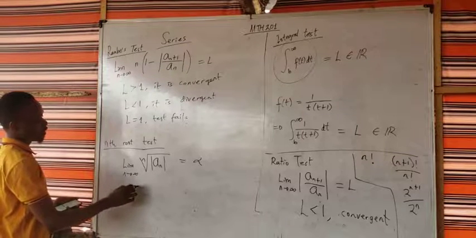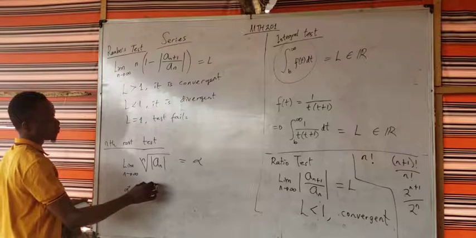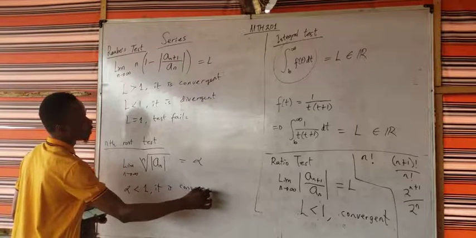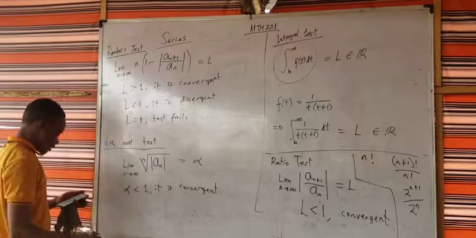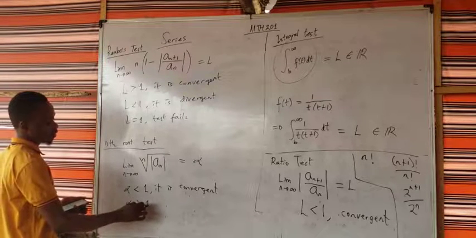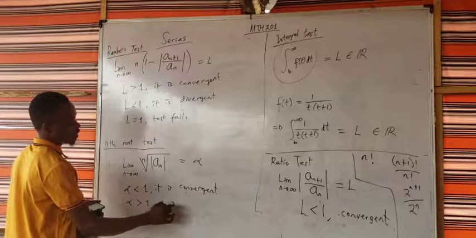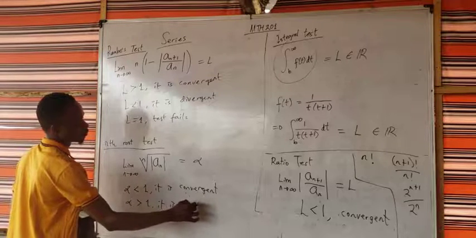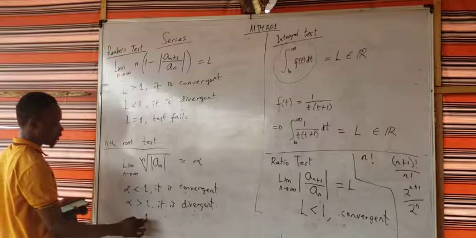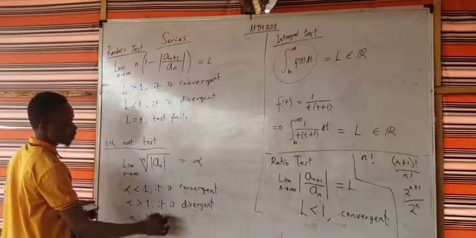If alpha is less than 1, it is convergent. If alpha is greater than 1, it is divergent. And if alpha is equal to 1, the test fails.